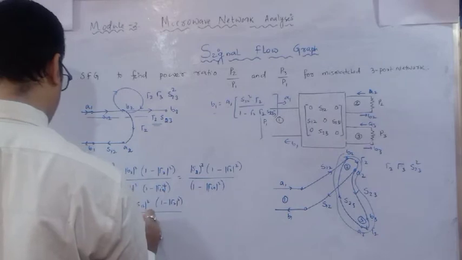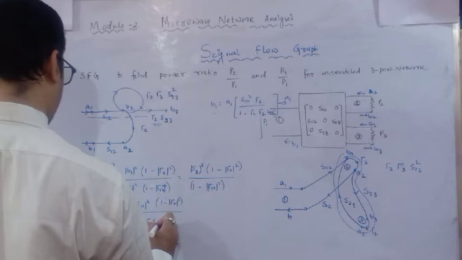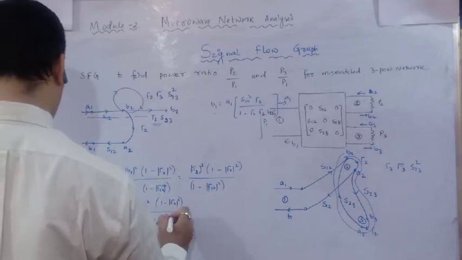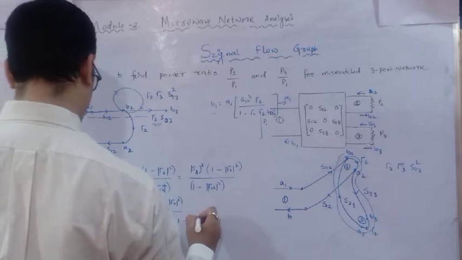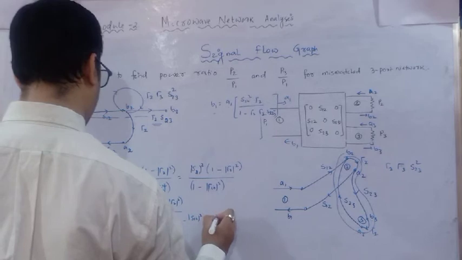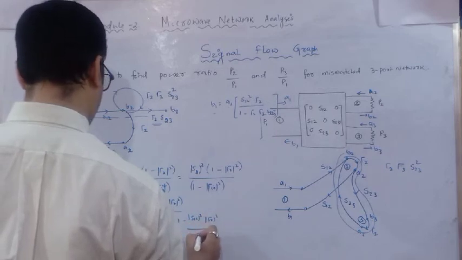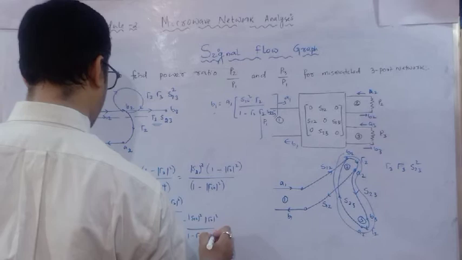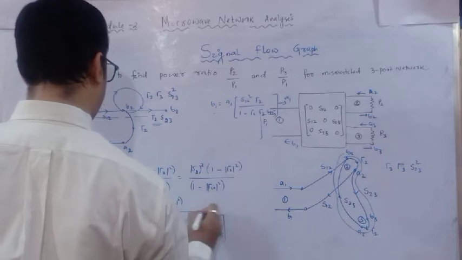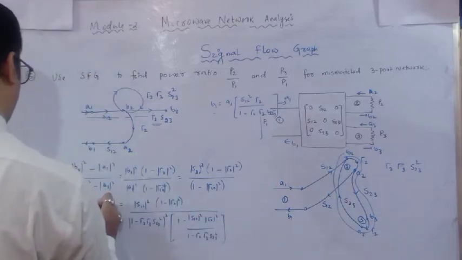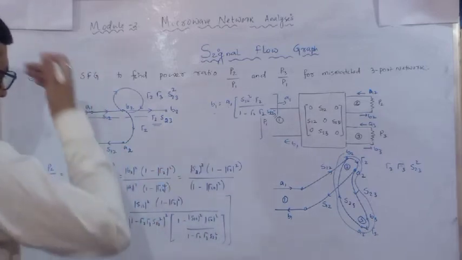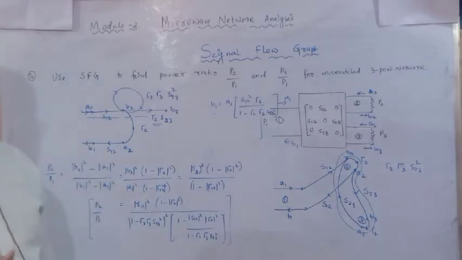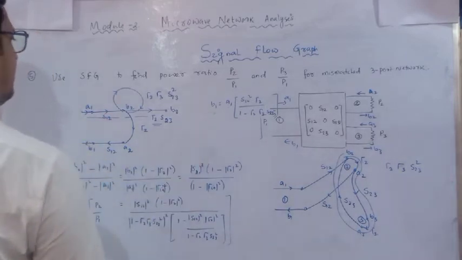So if I substitute, I will get reflection coefficient 2, reflection coefficient 3, S23 square, mod square, whole into 1 minus S12 square, reflection coefficient 2 square divided by 1 minus reflection coefficient 2, 3 and S23 square. So this is the relation we are getting in terms of P2 by P1. Okay, so here only we have to represent the values, which is B1 with respect to A1.